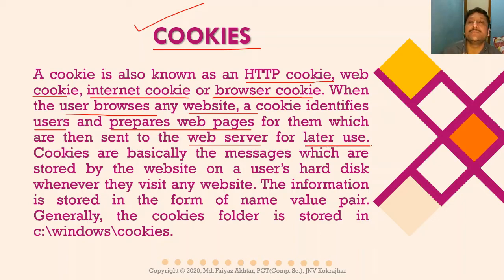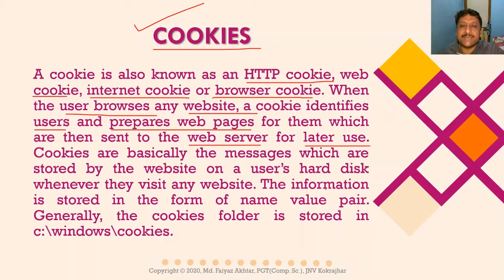Actually, what happens is, suppose you have browsed any website, then this website will collect some information from your computer, and that information will be stored in your computer itself as a text file. And next time when you browse the same website again, they will know about you, which pages, which things you have visited, and accordingly they will show you the details, show you those pages, or jump to that page automatically.